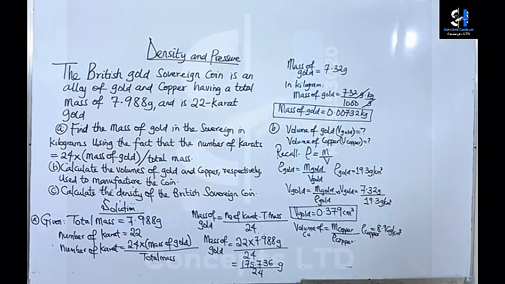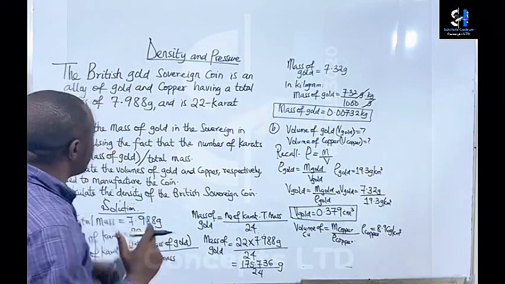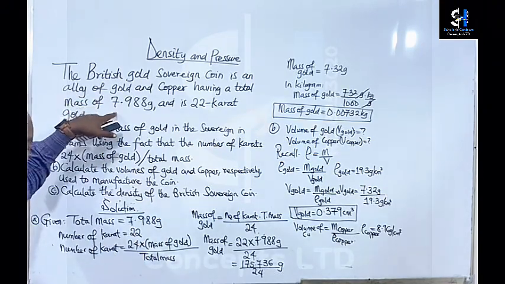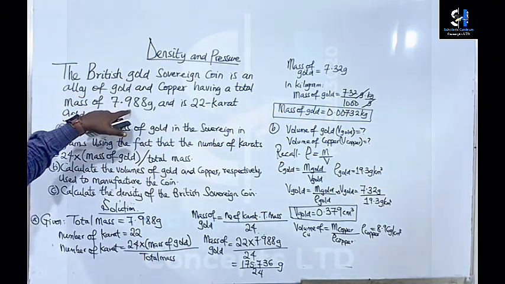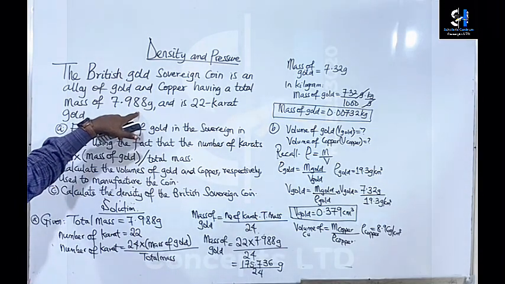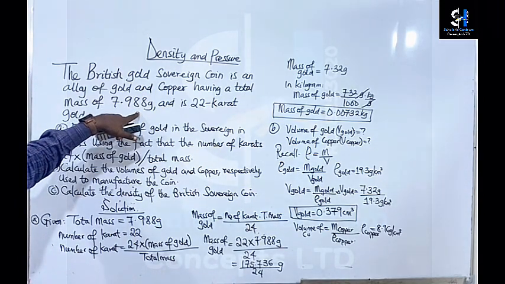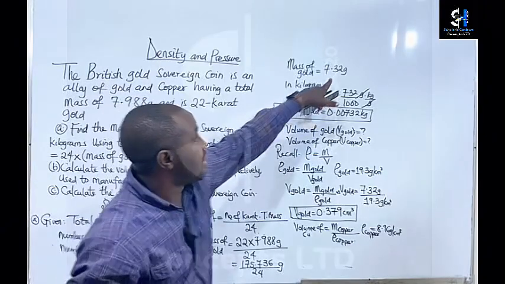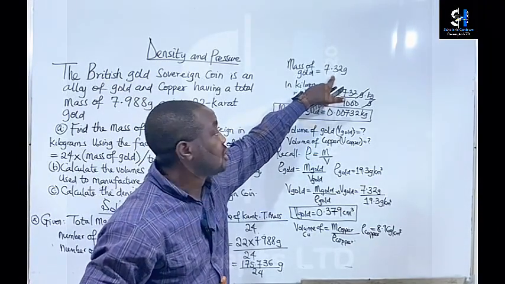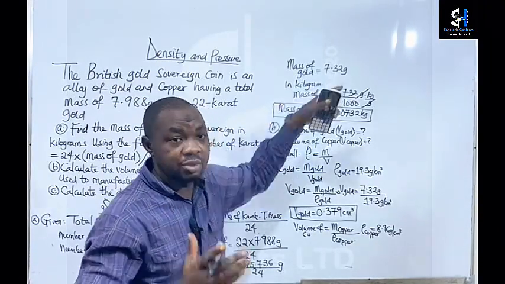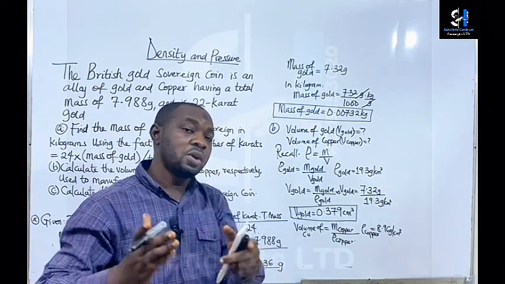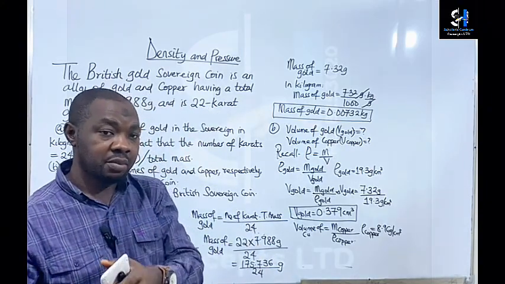So let's now calculate the mass of copper. To calculate the mass of copper, here we have the total mass. The total mass is 7.988 grams. Then we have that the mass of gold is 7.32 grams. So the total mass will be equal to the mass of gold plus the mass of copper.